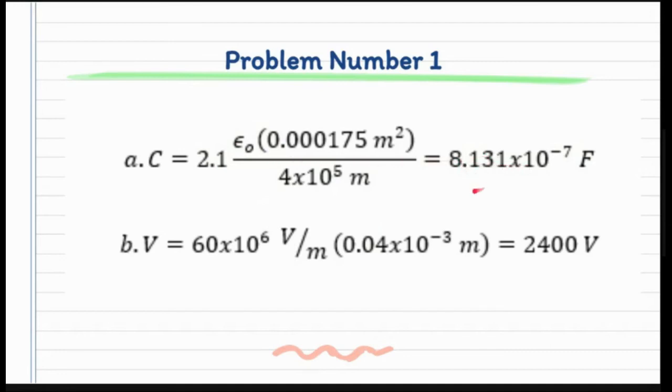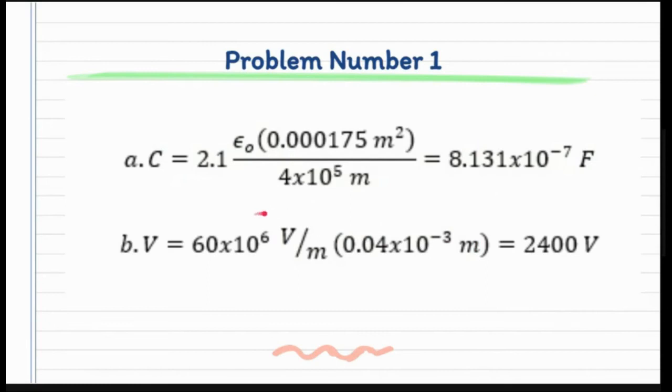But if we only use 8.85, that will give us 8.131 times 10 to the negative 11. So this is not 7, this is 11 farads. So we have 8 times 10 to the negative 11 farads. That's the capacitance of our capacitor, using Teflon.